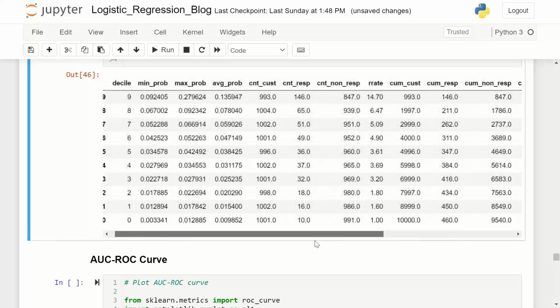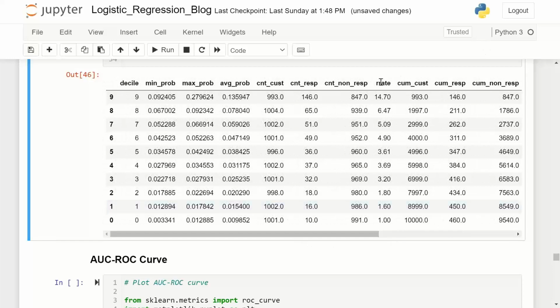To see whether the model is rank ordering, I need response rate. Let me just explain the table. There is a probability column. Based on probability, I have created the decile. Here the decile number is starting from 9 up to 0 instead of 10 up to 1, because Python takes indexes from 0. Minimum probability, maximum probability.